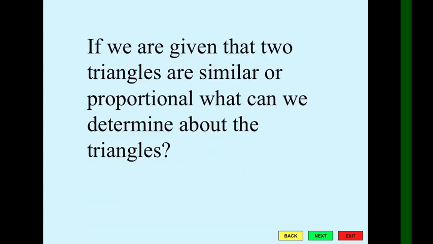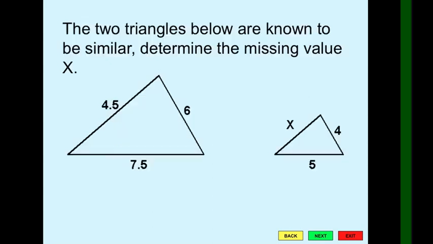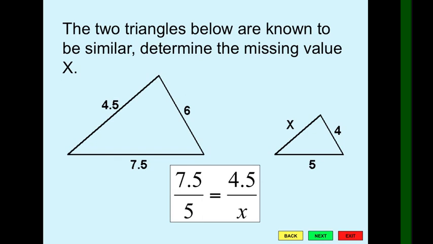If we are given the two triangles are similar or proportional, what can we determine about the triangles? So the two triangles below are known to be similar. Determine the missing value of x. So sabi, similar daw yan, pero nawawala yung x. To do this, let's have the proportionality. Let's say that 7.5 over 5 equals 4.5 over x.